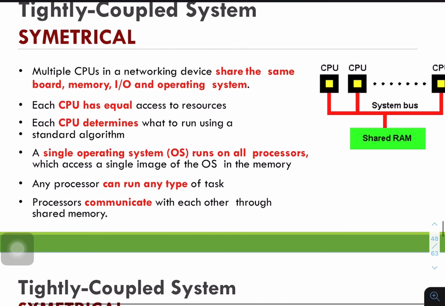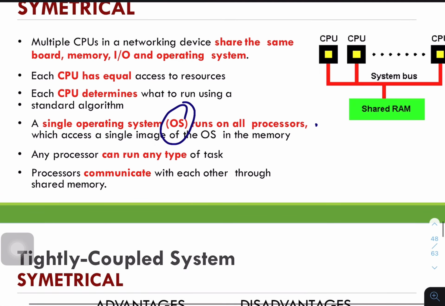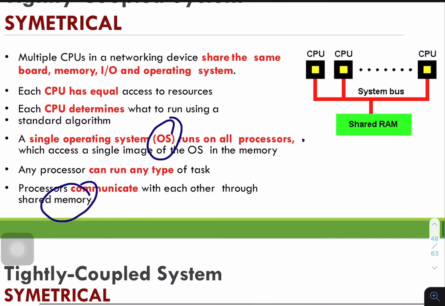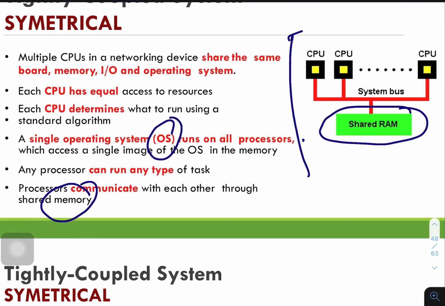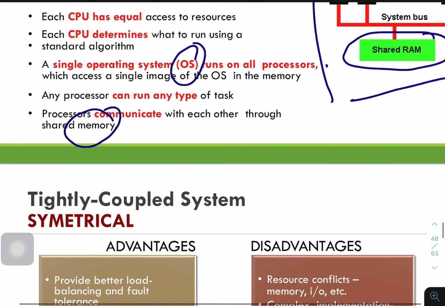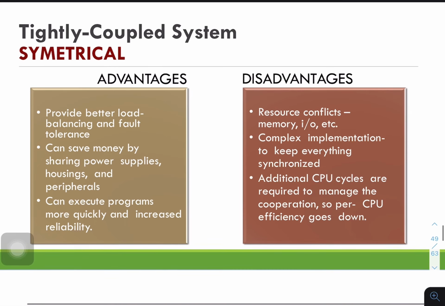Dan dia masih lagi menggunakan OS yang sama macam saya kata tadi. Dan how they communicate, how the CPU communicate each other, with the shared memory. Okay, CPU ni dia boleh communicate with each other through the shared memory. Ni gambar rajah dia lah.